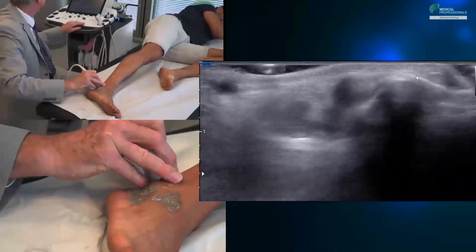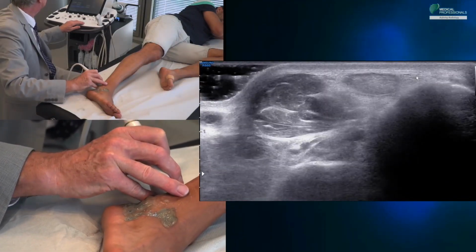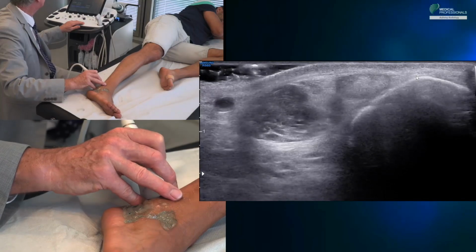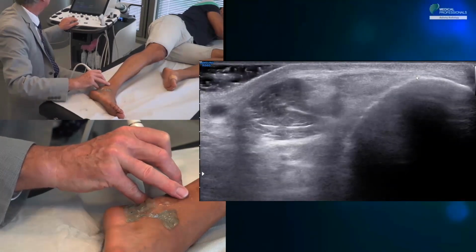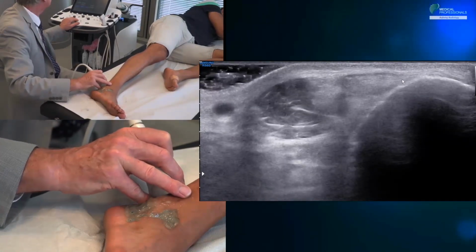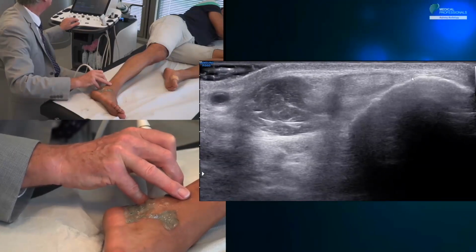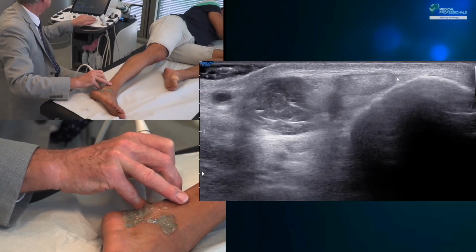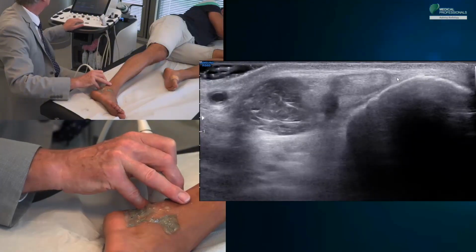So then, there is no sign of dislocation, subluxation, or rupture of this attachment of the superior fibular retinaculum on the malleolus. Also note the presence of this small fibular cartilage deep in the retinaculum, which is clearly visible in this patient.